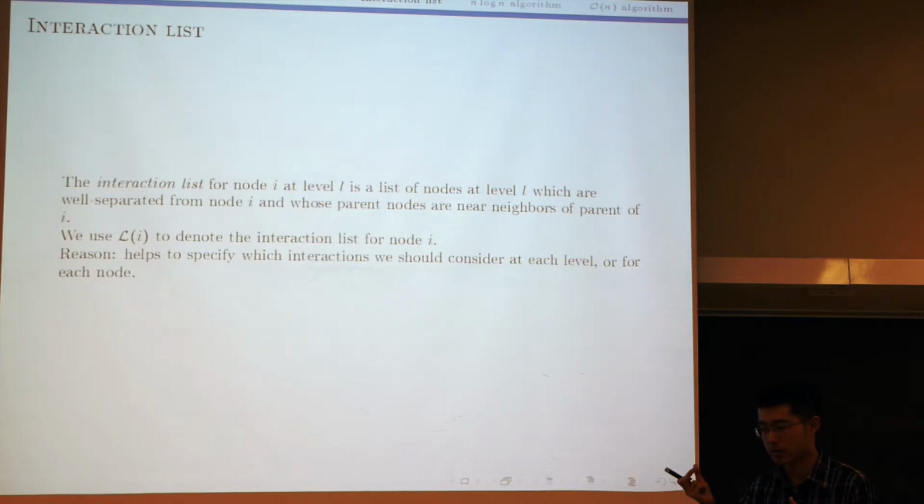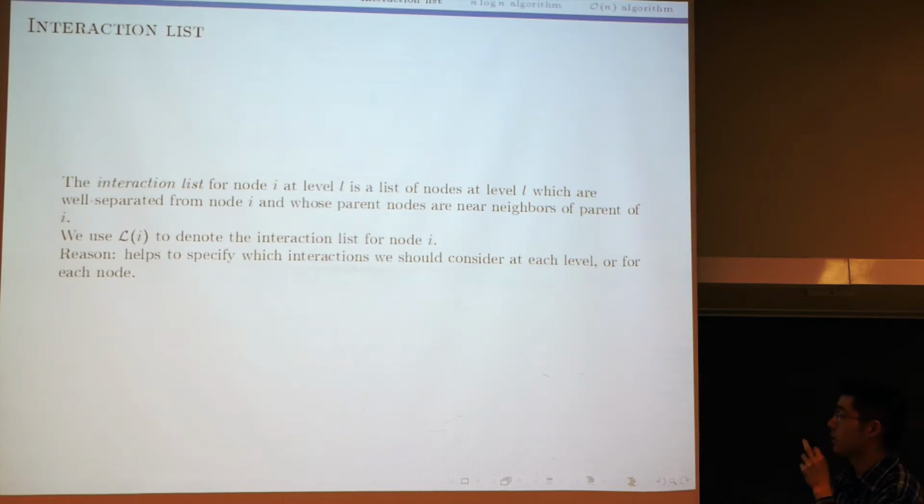You know, there are many intervals, many levels. How do we compute the interactions in a systematic way? Here we introduce the interaction list. The interaction list is defined for each node in the binary tree.